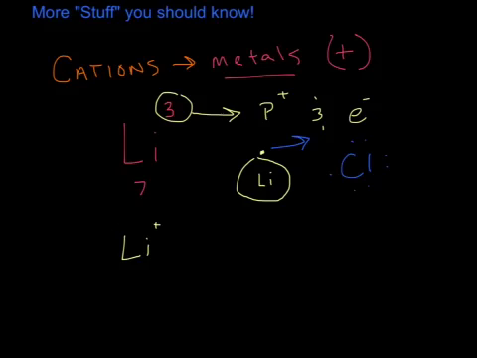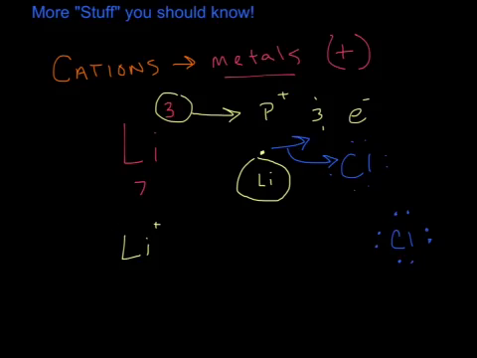Alright? We're going to say that lithium went and gave its electron here to chlorine. Chlorine is now a very happy customer. It has the full octet, that noble gas configuration, in its valence shell. Lithium, in fact, is happy. Why?